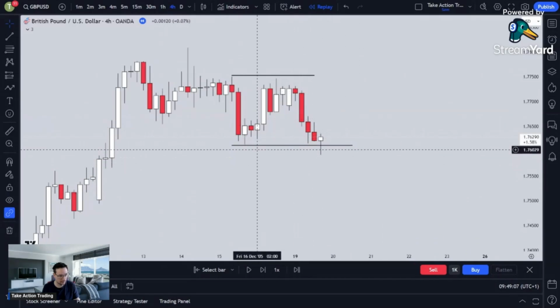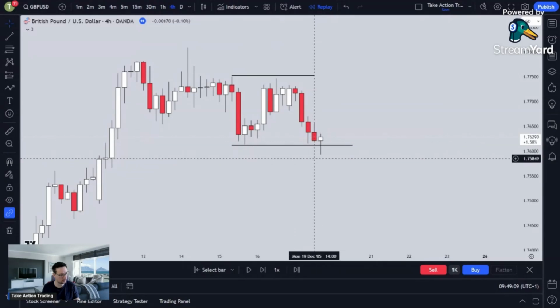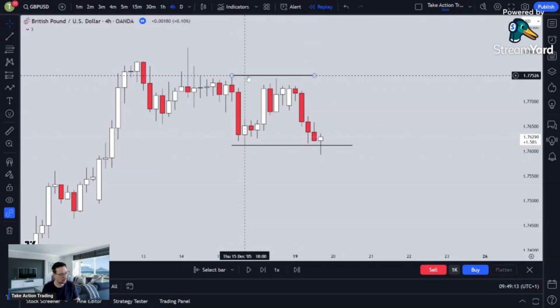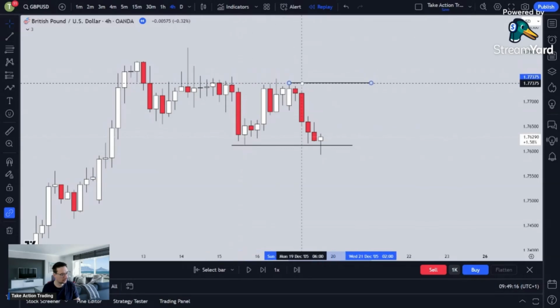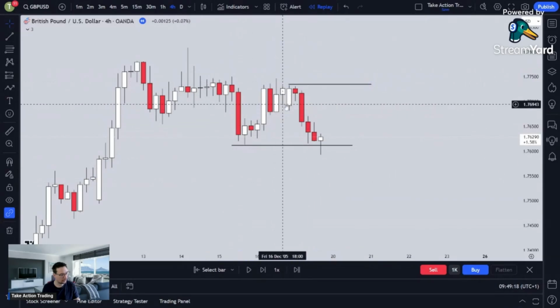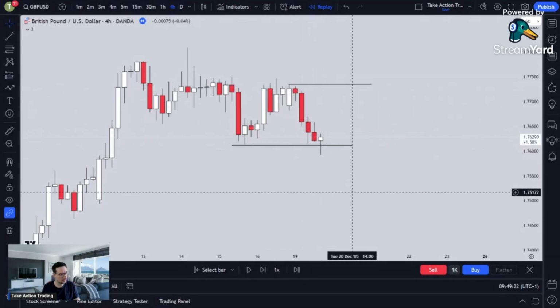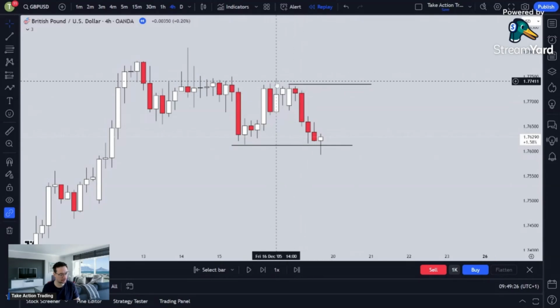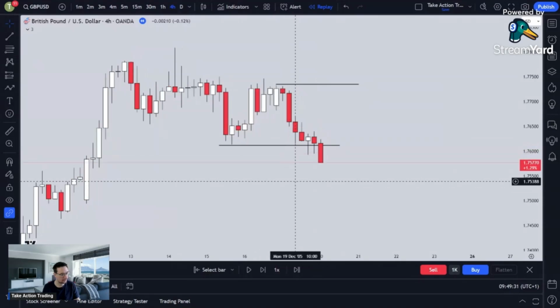Even though they wicked it, I'm still interested in this being the new low. So I'm going to take what was the old high and I'm going to move it to here, which is the last place buyers push price up before sellers made a new low. So this is the area that would need to be broken for me to say the buyers are now in control of price, or we're in a bullish market, and the market has continued lower.